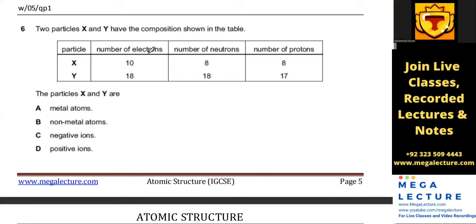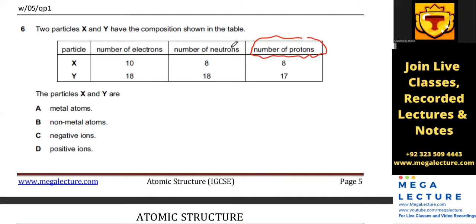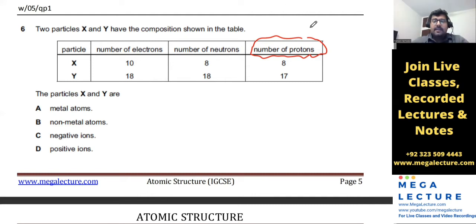The proton number. Remember, the electron number can change. Atoms can lose electrons, they can gain electrons, right? The neutrons can also change because of isotopes. Some atoms of the same element can have more neutrons, some can have fewer. But the number of protons is always fixed. So I'm going to identify the element based on the number of protons.